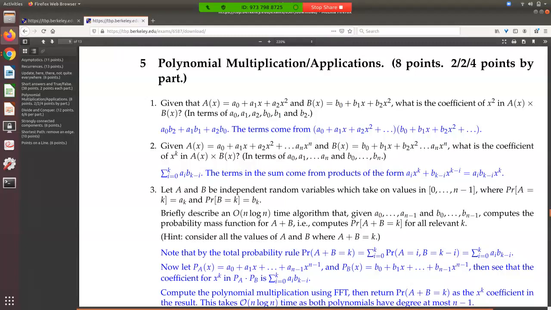In one of your homework questions, this was used where one of the polynomials was much smaller than the other, and so you were comparing it to the other one. I believe that was the DNA comparison problem. In this one, we have a_i b_{k-i}, these elements going into these dot products, and in this case the two polynomials are the same size, you're still sliding them past each other.